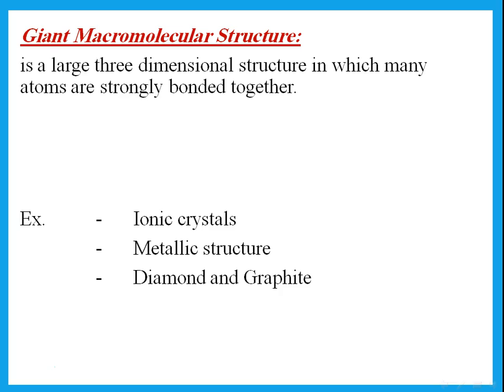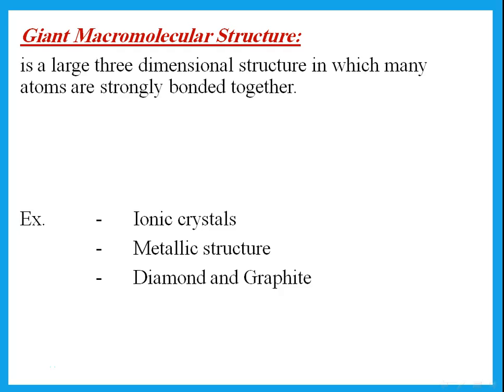Other compounds, or actually they may be compounds or elements, have giant macromolecular structure. The word macromolecular means giant, okay? Macromolecular structure is a giant three-dimensional structure in which many of the atoms are strongly bonded together. The examples of giant molecular structure are ionic crystal lattice.